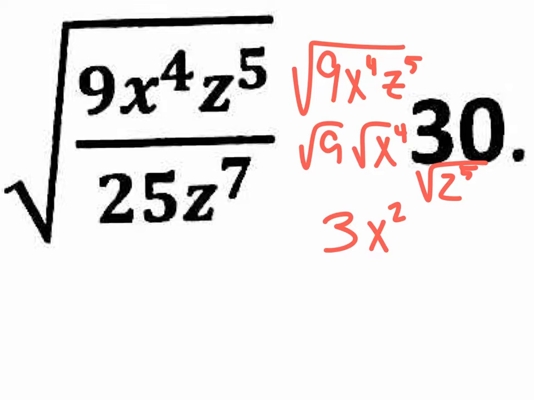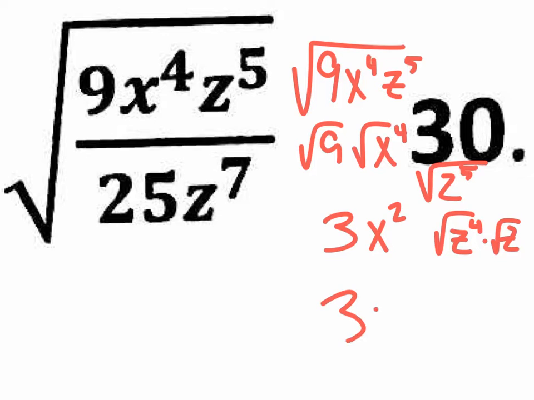This is where it gets interesting. You could change it to z to the 5th to the 1/2. And then you're going to get 2.5. And then you're going to have to split the base. Or you could do the other trick of rewriting z to the 5th as z to the 4th times z. Because z to the 4th times z is really z to the 5th.